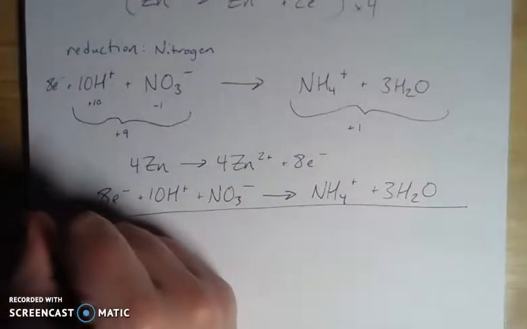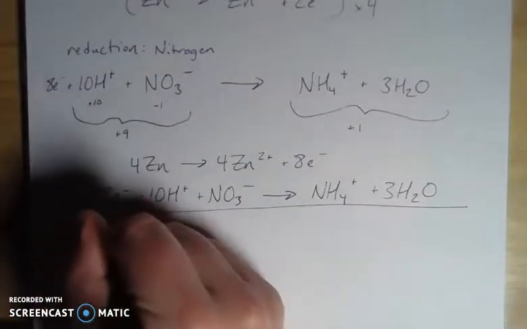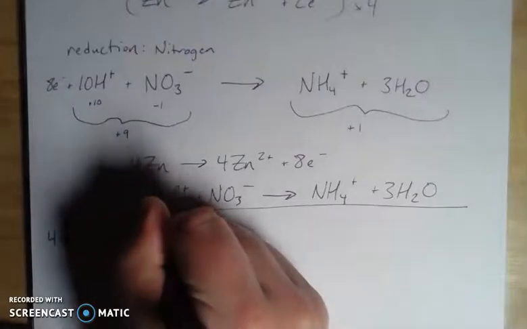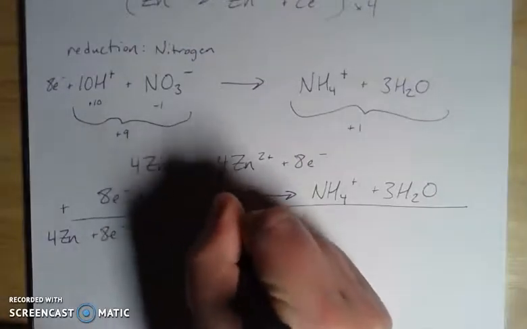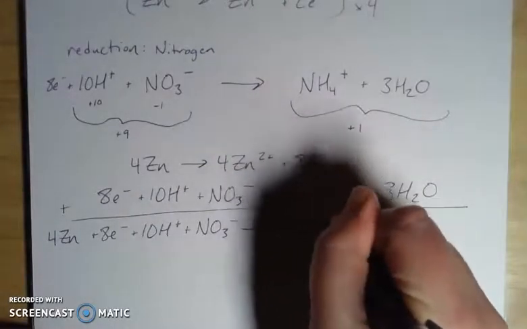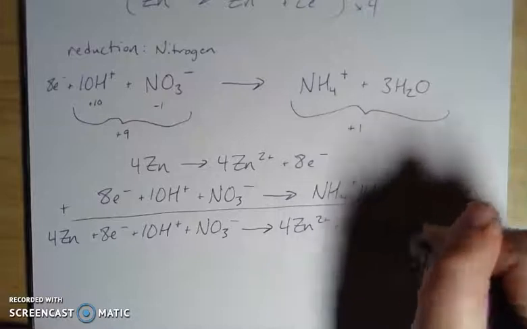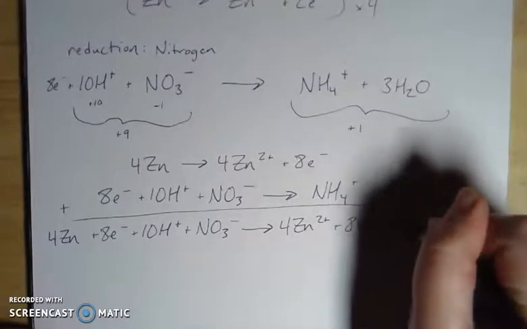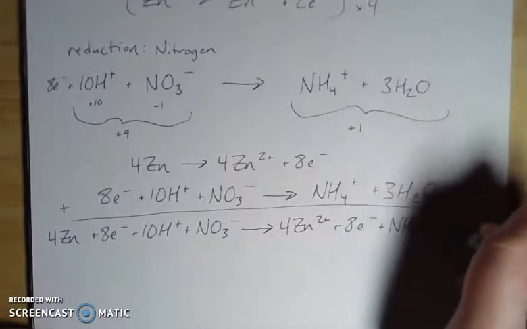Okay, so let's do that. Here's my 4 zinc, my 8 electrons, my 10 H pluses, my nitrate, gives me 4 zinc 2 pluses, 8 electrons, my ammonium, and 3 waters.